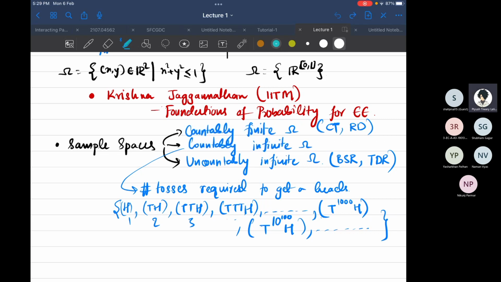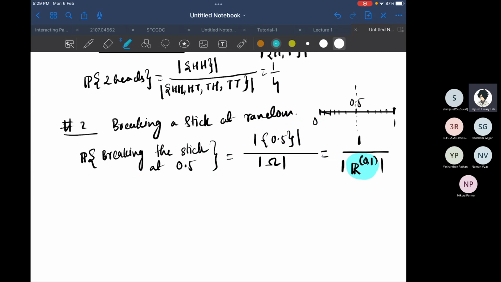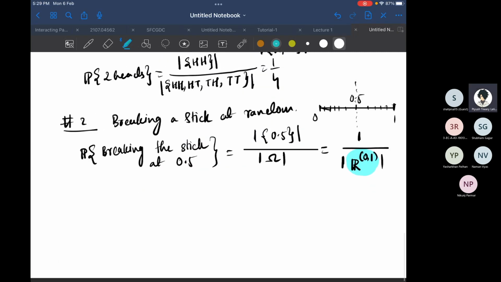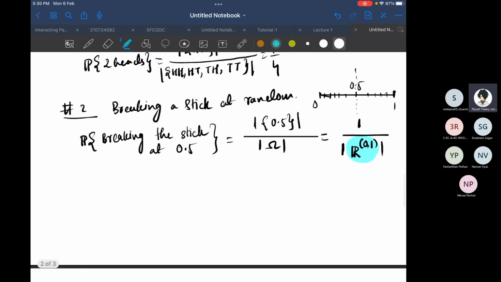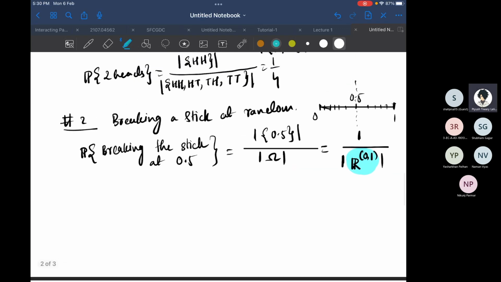Sorry, I said it wrong: countably infinite and uncountably infinite sample spaces, because there are infinite elements or we cannot count them. In such cases, we are in trouble. I cannot calculate the cardinality of this entire set. What is the main issue with this set?